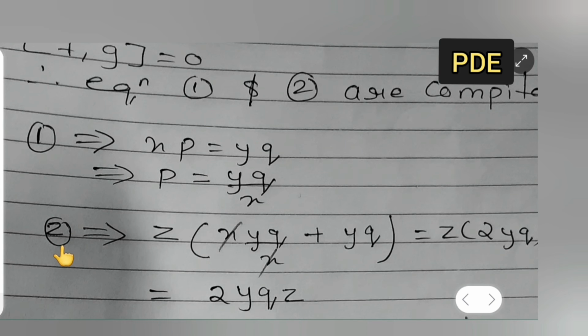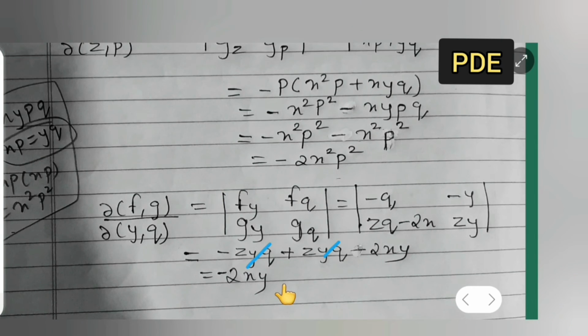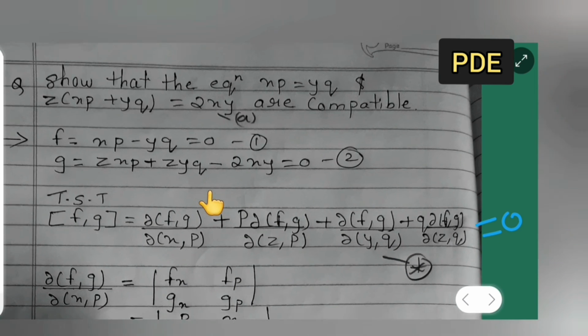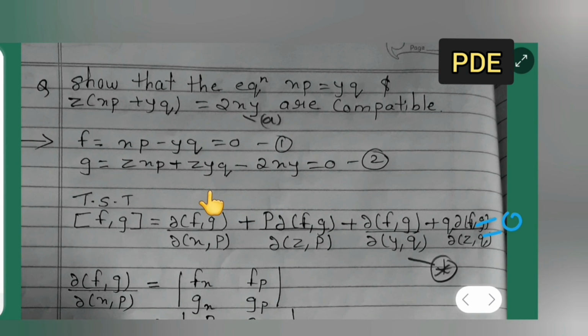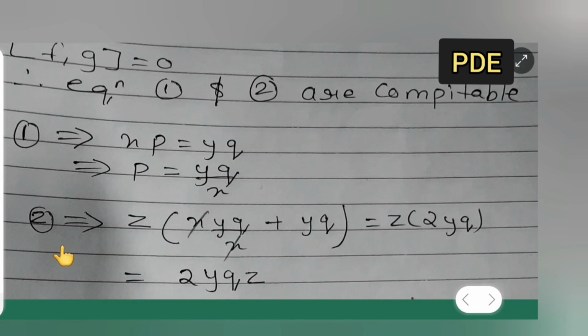Now the second one implies z, xp plus yq. z times x into p is yq upon x, x will get cancelled, plus yq will remain, is equal to 2y times yq, right?